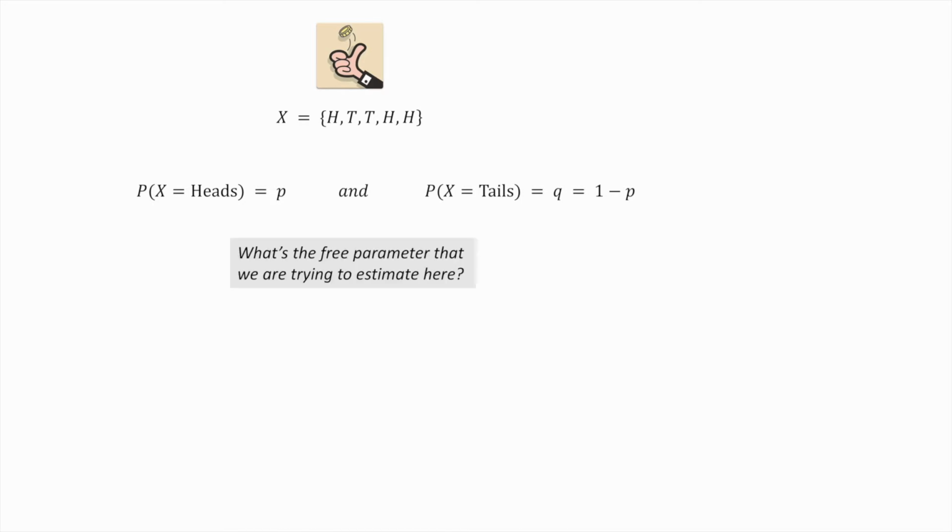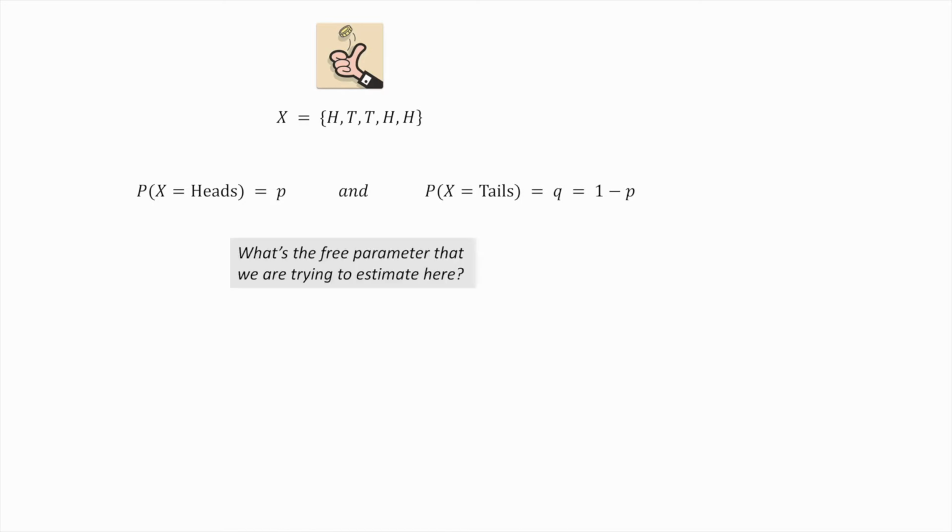Now let P be the probability of success, or let's say the coin landing heads, and let Q be the probability of failure, or say the coin landing tails. Since the outcomes are mutually exclusive, Q is equal to 1 minus P. So what's the free parameter we're trying to estimate here?